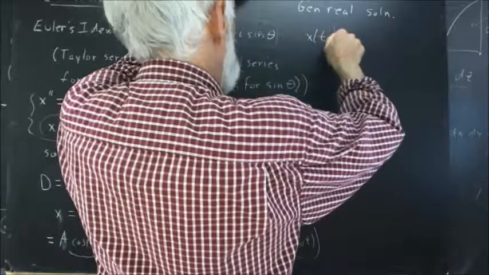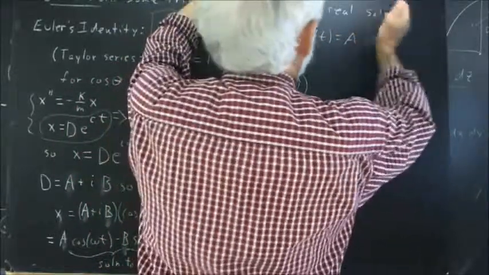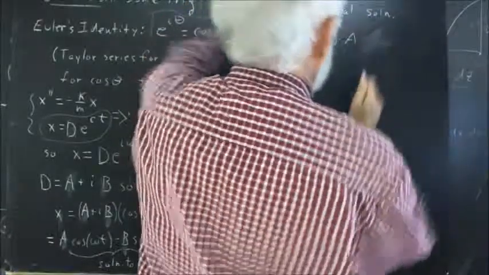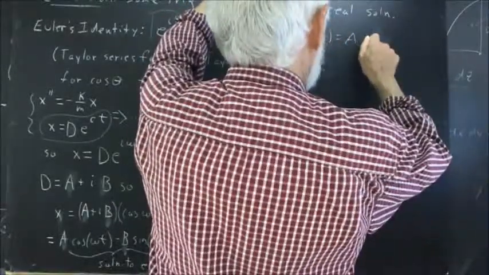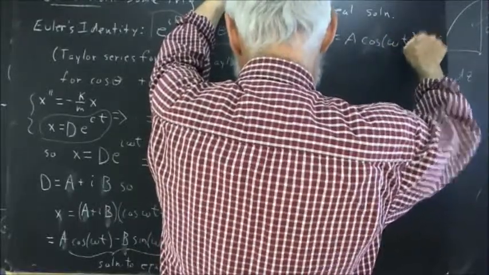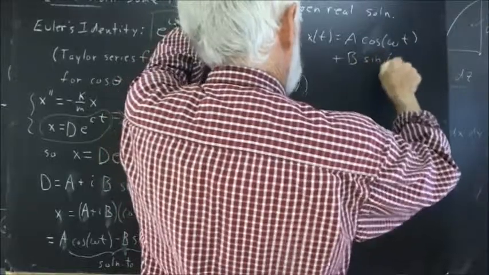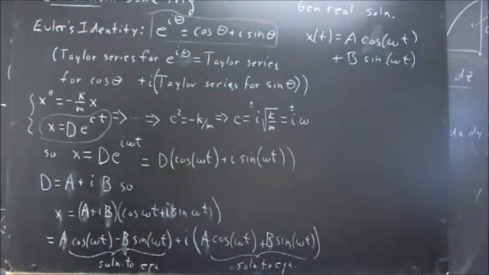It's going to be x of t equals A cosine, not sine, omega t plus B sine of omega t. And that's a complete justification of the solution that I gave earlier.